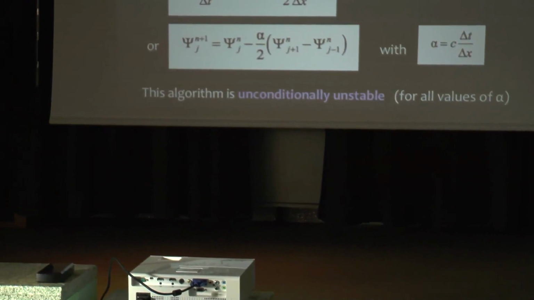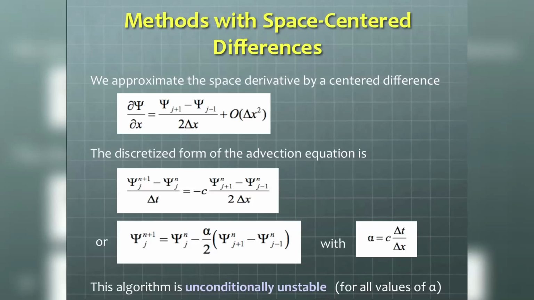Well, remember what the equation is. It has a first-order derivative in time and a first-order derivative in space. So I will have to discretize my equation and again see how I'm going to calculate in particular the derivative in space. Well, here is one way. I'm going first to assume space-centered differences. What does it mean?